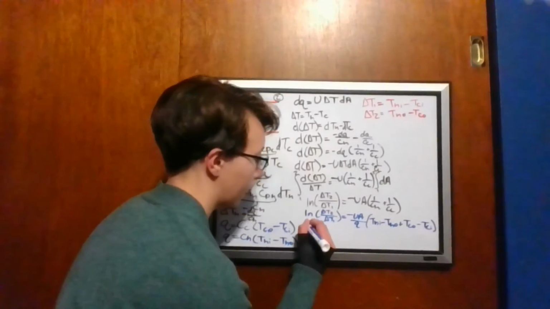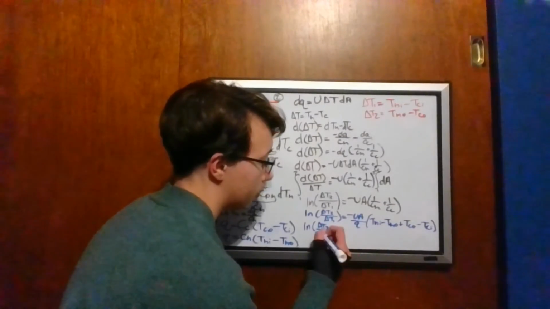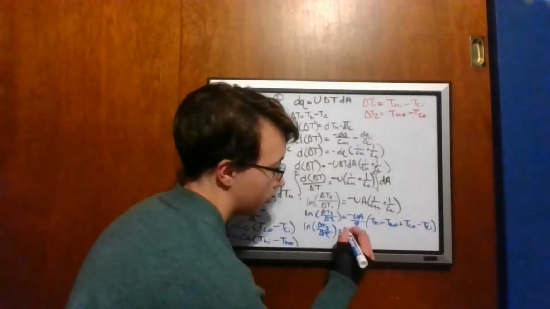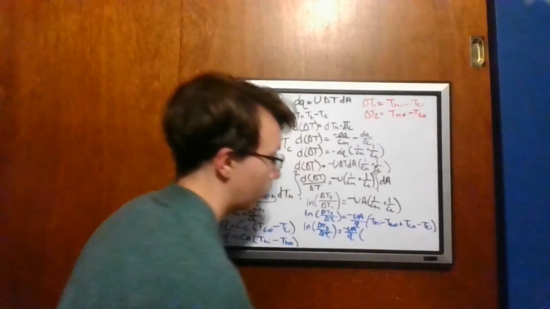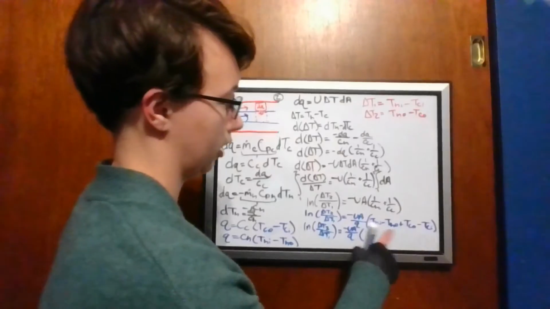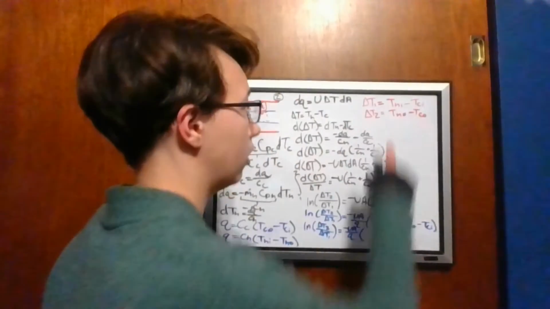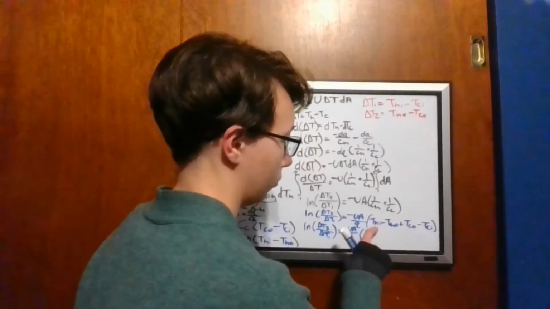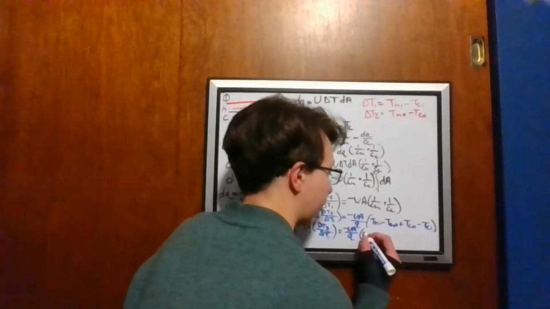So we have that our natural log of delta T2 over delta T1 is going to be equal to negative UA over Q. Okay, so now we need to get these arranged in a form that makes sense with here. We need THI minus TCI. We've got THI here and a negative TCI here, so the signs line up for that.